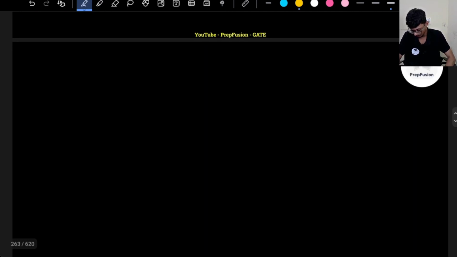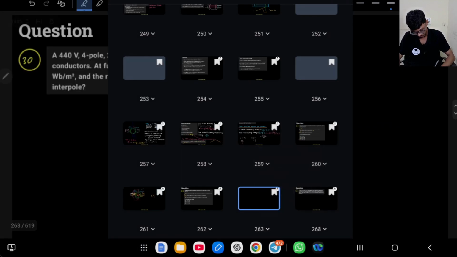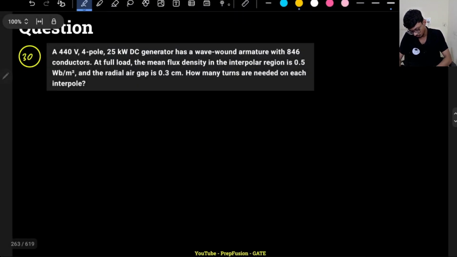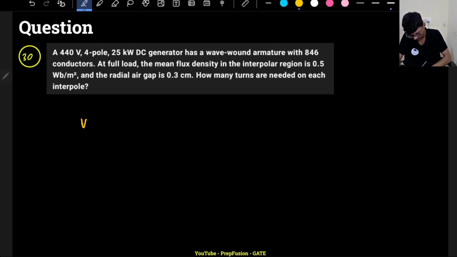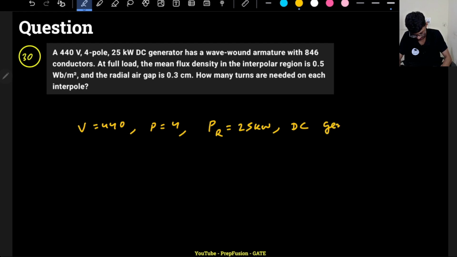Now let's solve the next question. A 440 volt, I will keep on writing the values. Terminal voltage V is 440 volts, poles are 4, power rating is 25 kilowatt. It is a DC generator, wave wound, so the number of parallel paths will be 2. Armature with 846 conductors.